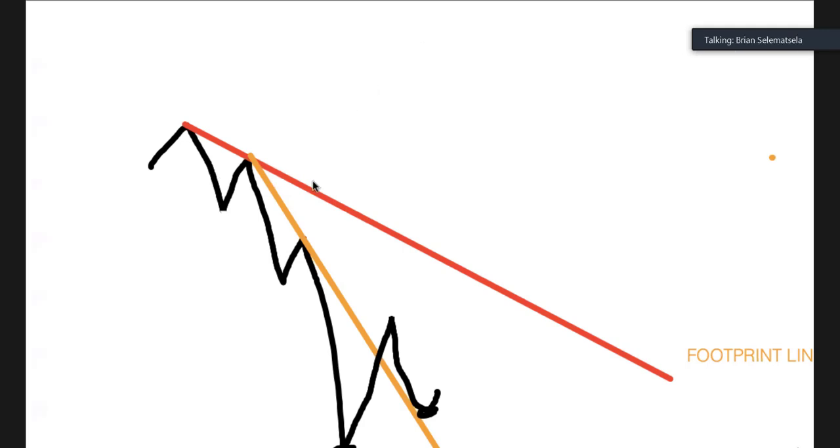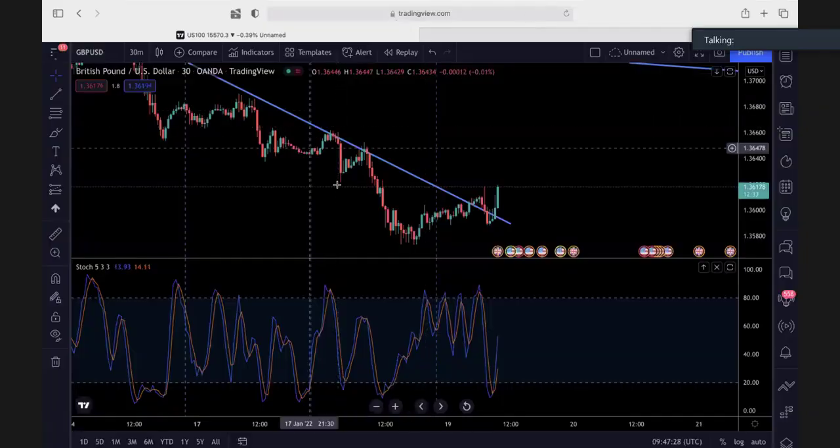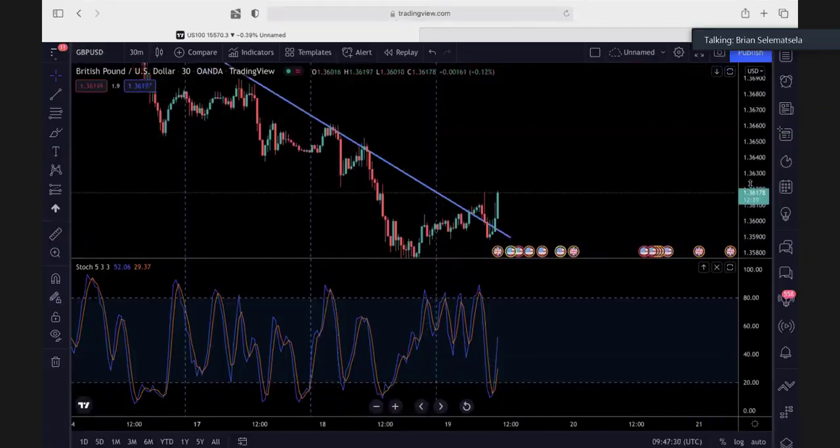So you're going to spot divergence. Check this out. What happened here?